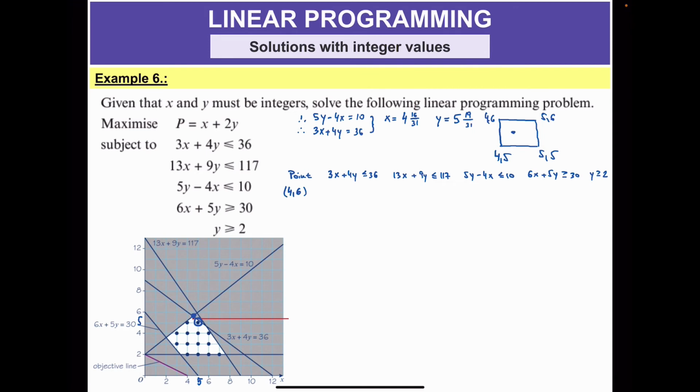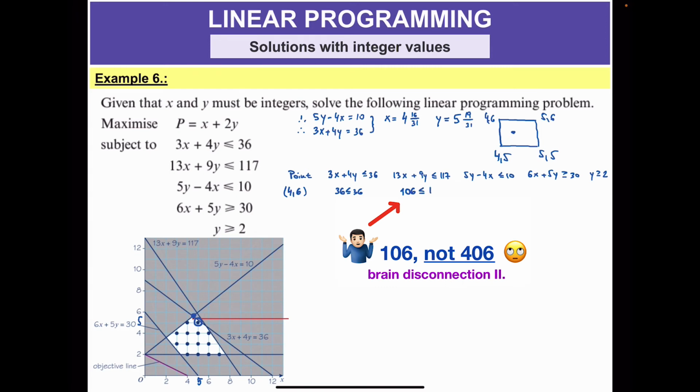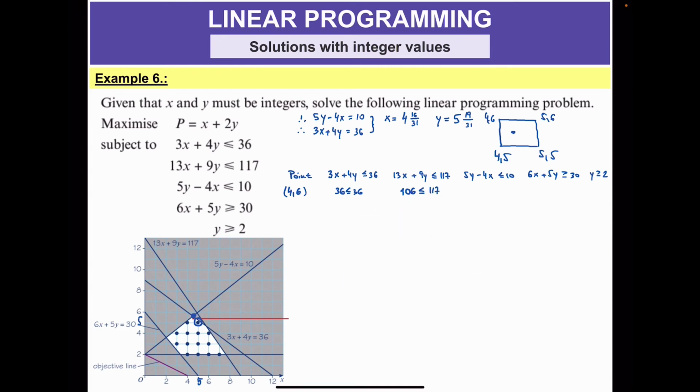When you plug it into the first one, you get 36 is less than or equal to 36, which is okay. Next one, you will get 406 is less than 117, then it's also satisfied. Next one is 14 less or equal to 10. So here it breaks and you don't have to follow this point anymore because it's not in the region. So I can just skip this point.